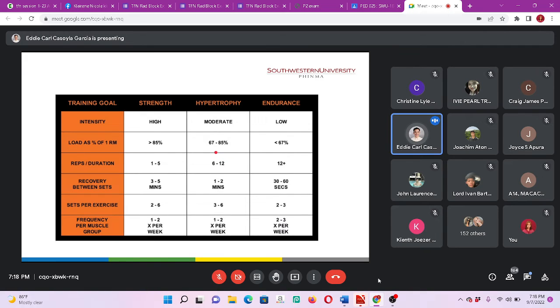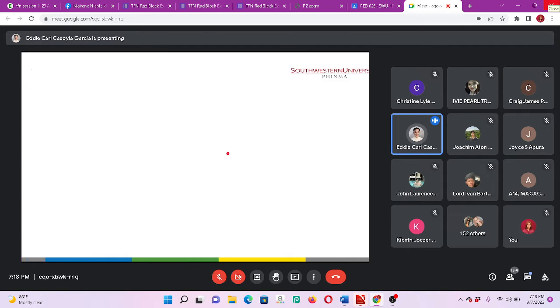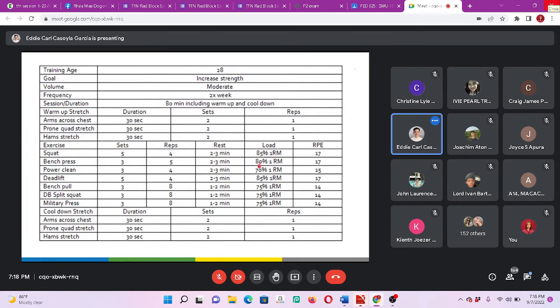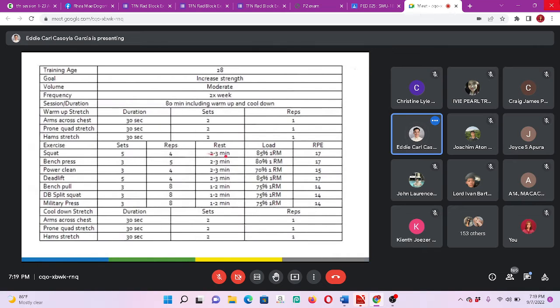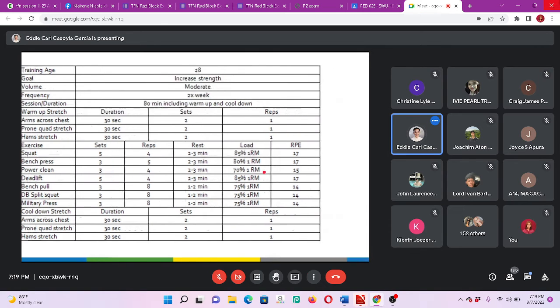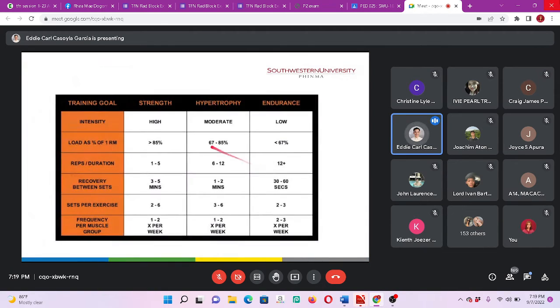And automatically, if you write 67 to 85% here in your table, between these numbers, so 85%, what's the intensity? It's moderate intensity. Okay, and 80%, this is also moderate intensity. 70 would be still moderate intensity, if you just want to copy this one.